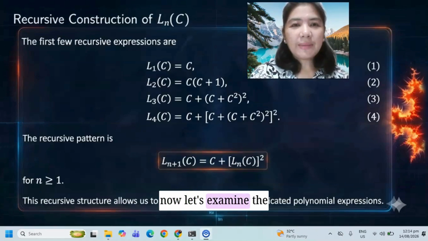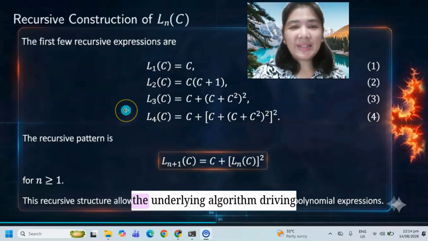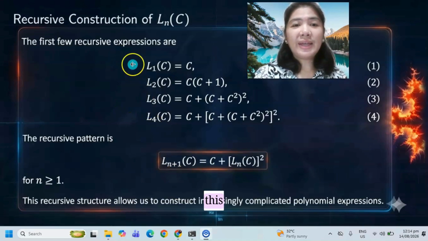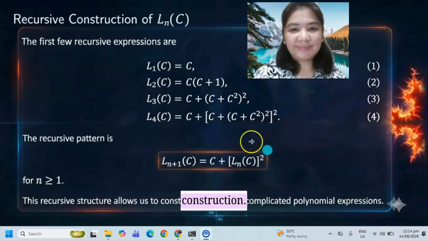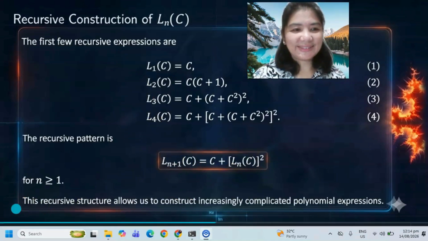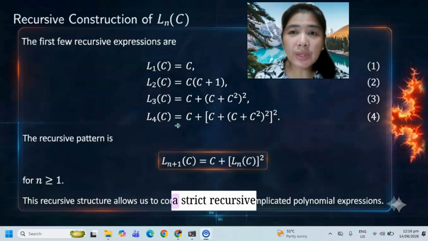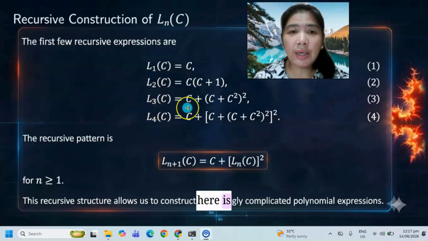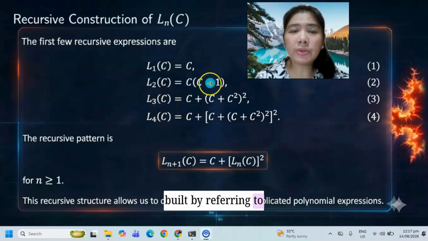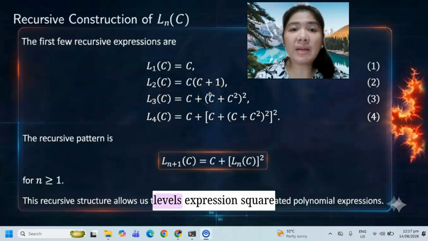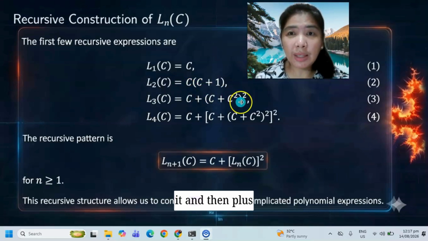And now let's examine the algebraic narrative and the underlying algorithm driving this construction. Right, so the process follows a strict recursive pattern where the new level, like L sub 3 here, is built by referring to the previous level's expression, square it, and then plus c.